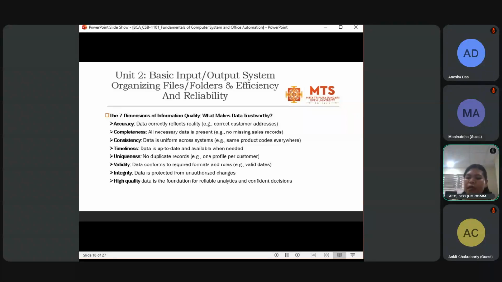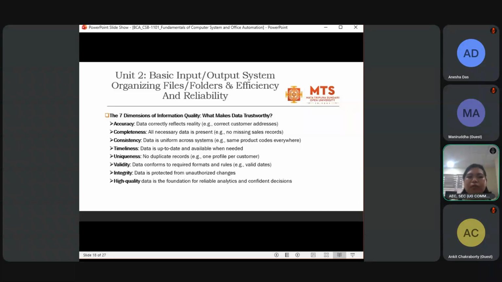Like care of, father's name, daughter of or son of, or address, pin code, and your university ID of MTSU. That will be your unique ID. So based on the correct customer address, we can ensure the accuracy of the data. Okay, this is one of the examples.